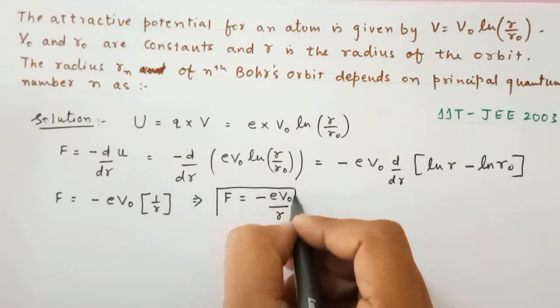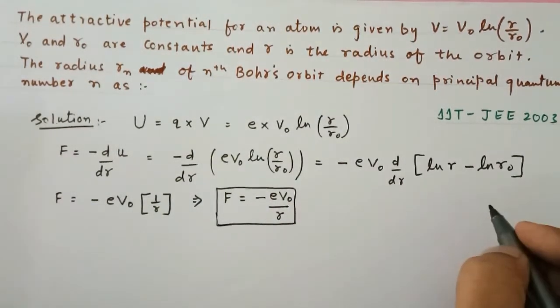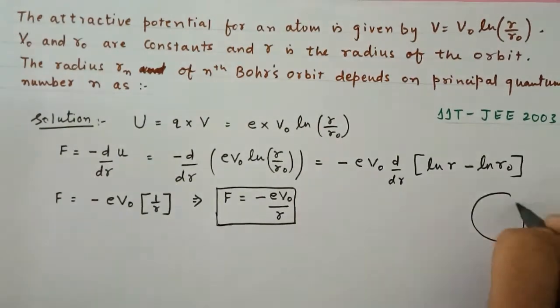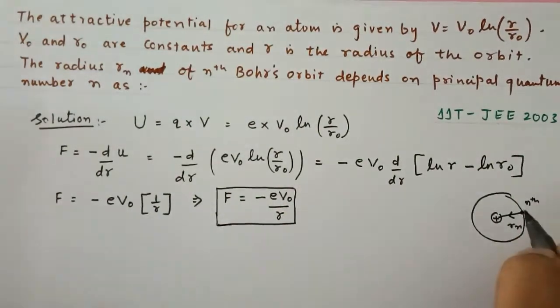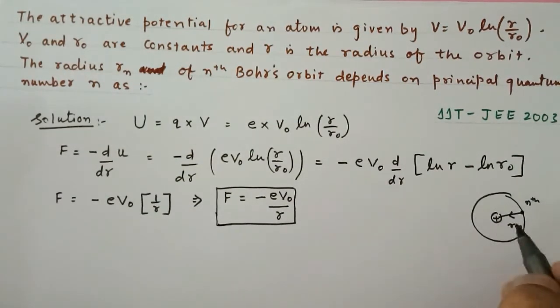Now this force is the force between the nucleus and the electron, and this force is the one which actually provides the centripetal force. So here is the nucleus, here is suppose the electron in the nth orbit, and this is the Rn, and this force is the force which is towards the nucleus, and that force as per this potential is this, and this force is actually acting as a centripetal force.